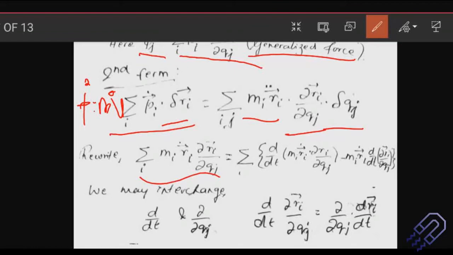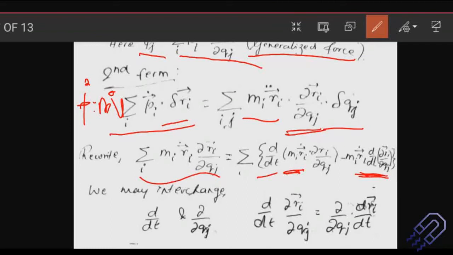So this mi ri double dot, we actually have one d/dt, which we can differentiate with this term. We have to differentiate with the second term. So our first term is ri dot, okay, and the second term is ∂ri/∂qj.